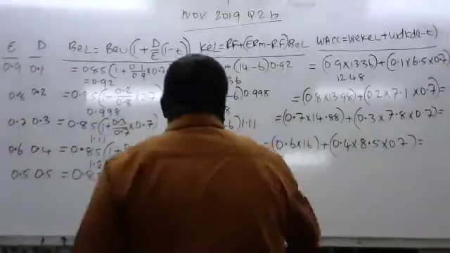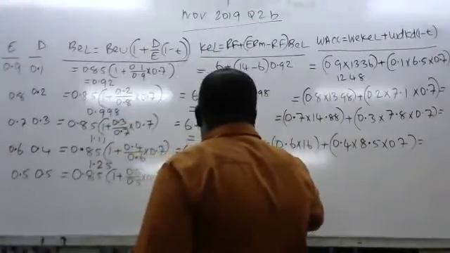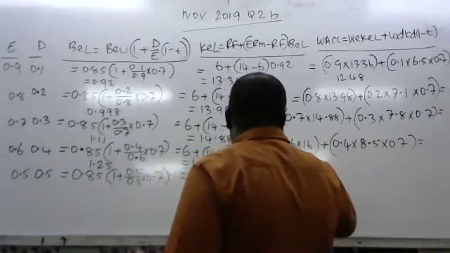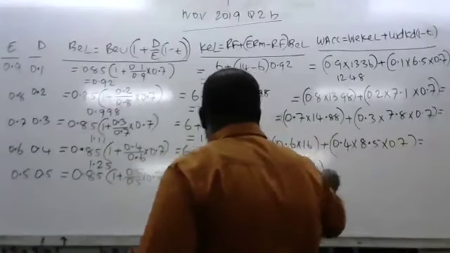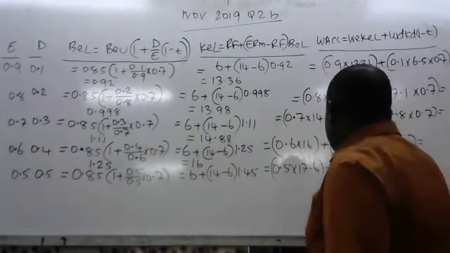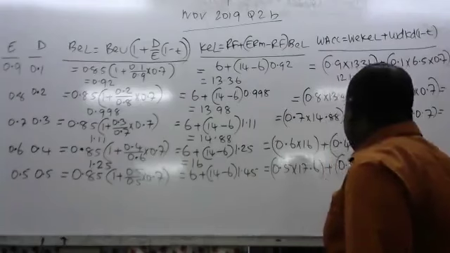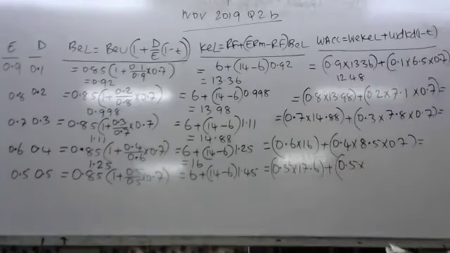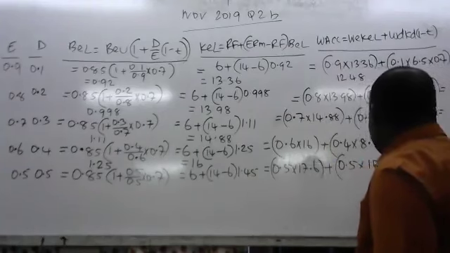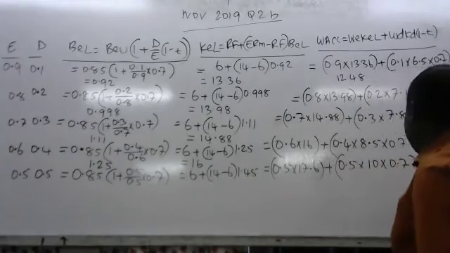So now this one will be 0.5 multiplied by 17.6. We also add 0.5 multiplied by 10, also multiplied by 0.7.